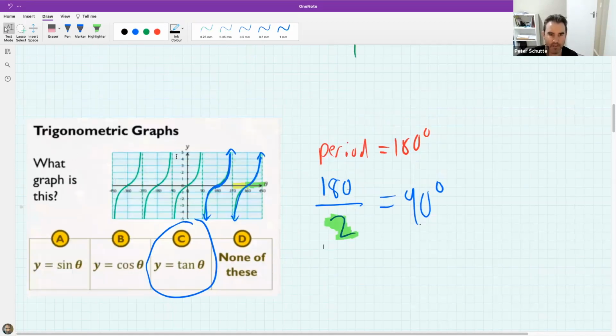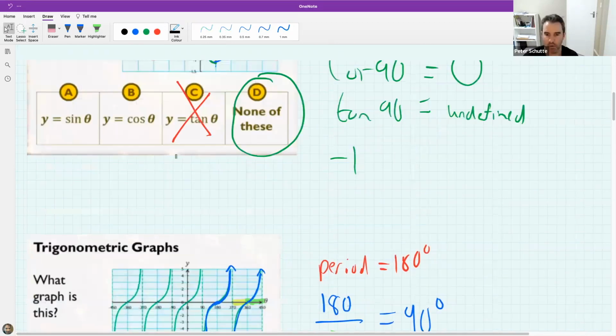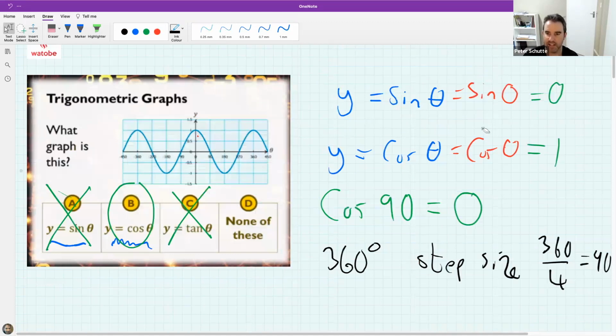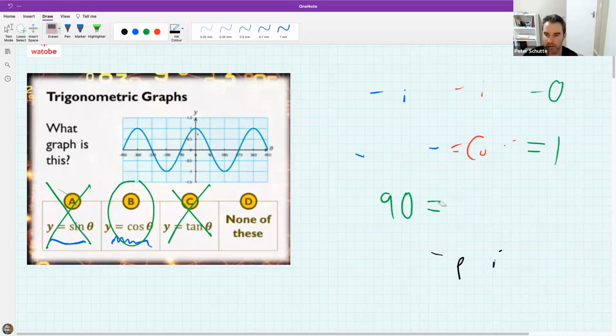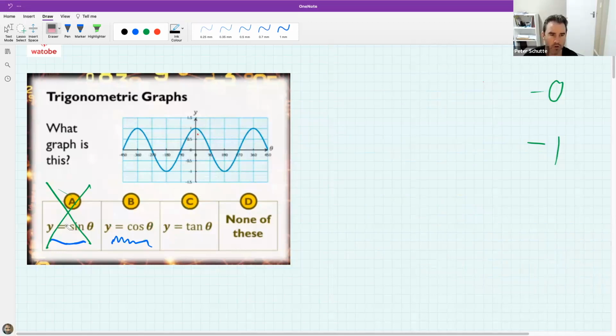But if we go up to our cos graph, and let me get rid of some of this clutter, because I think some of this clutter is interfering with our understanding of what's going on here. So if you look at this graph, y equals cos of theta, when we draw it, we start here and we go down in 90.